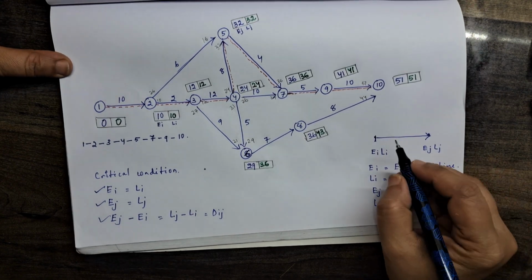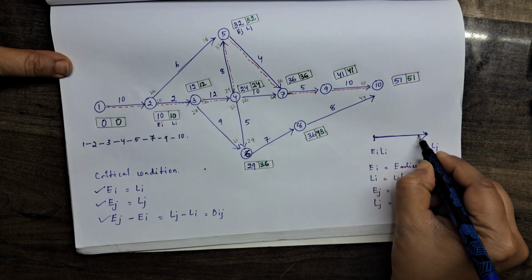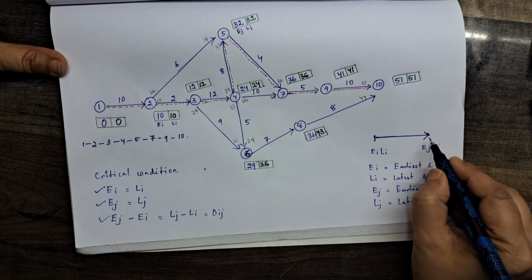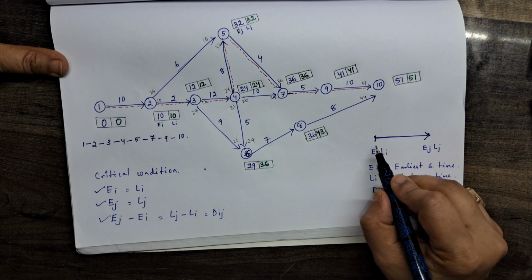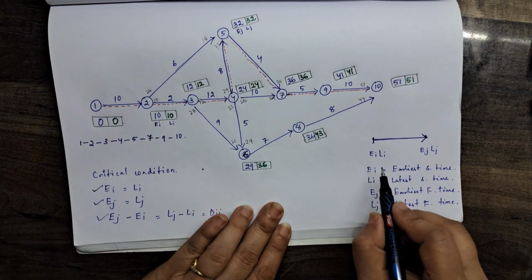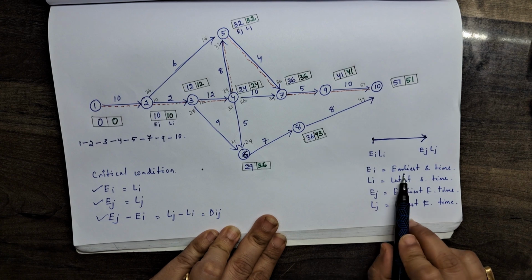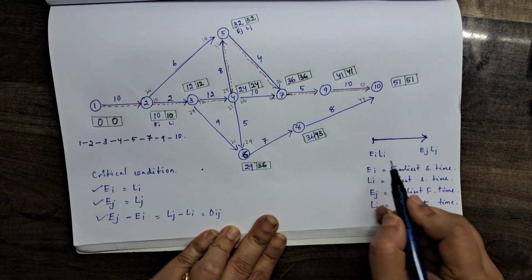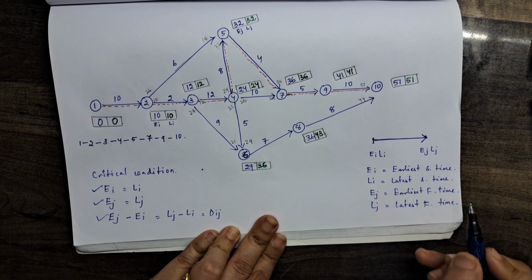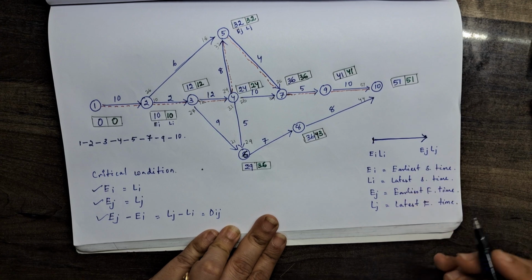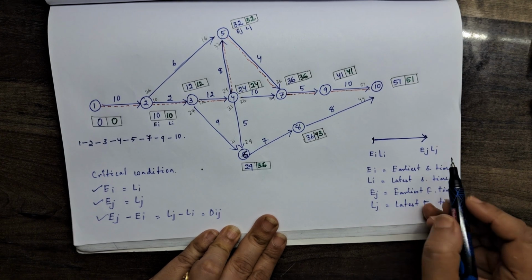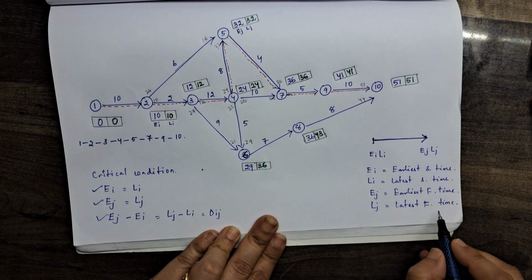Another thing I want to tell here: if this is the arrow, this is the head of the arrow and this is the tail of the arrow. EI represents the earliest start time, LI represents the latest start time, EJ represents the earliest finish time and LJ represents the latest finish time.